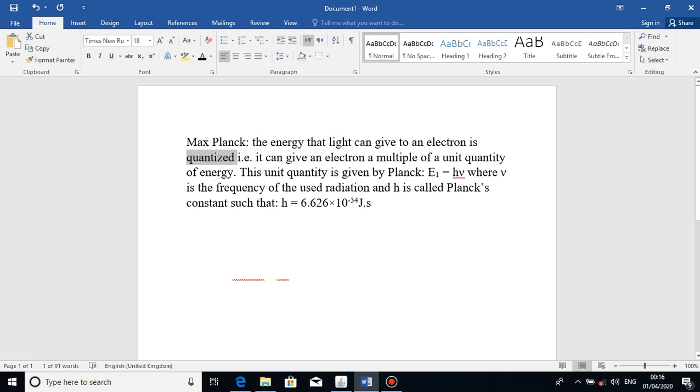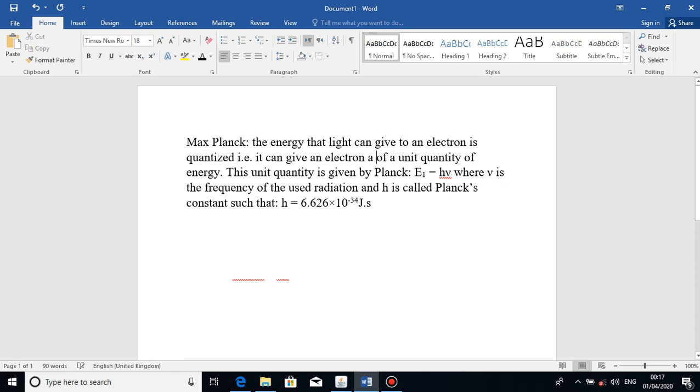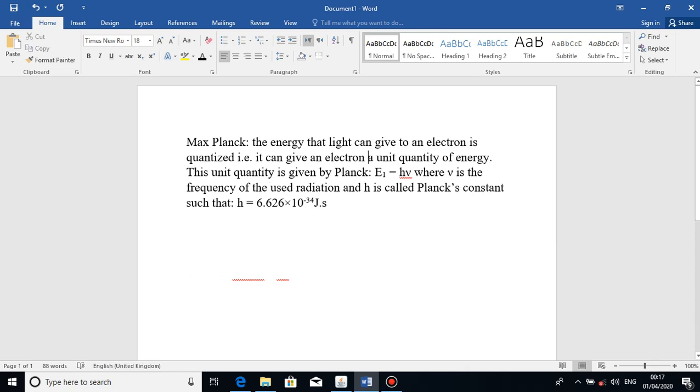In other words, the least quantity of energy light can give to the electrons is a unit quantity, and then multiples of it.